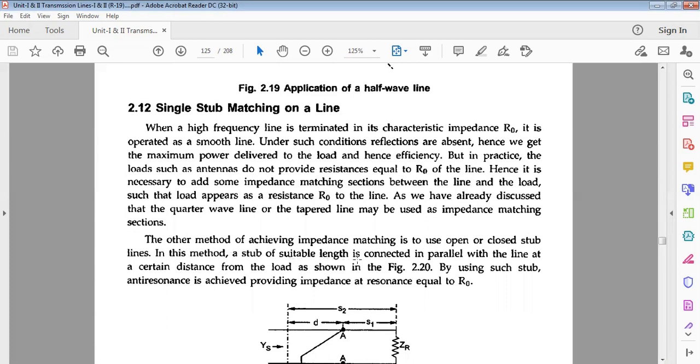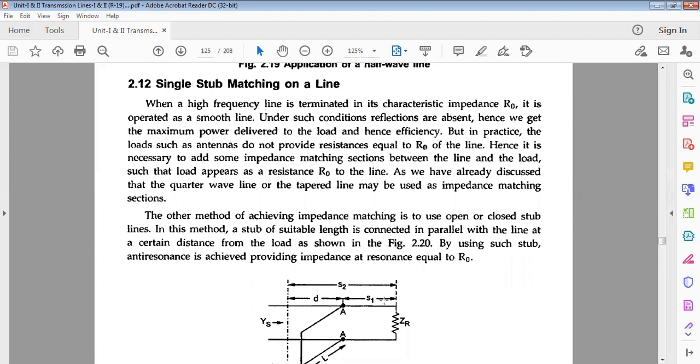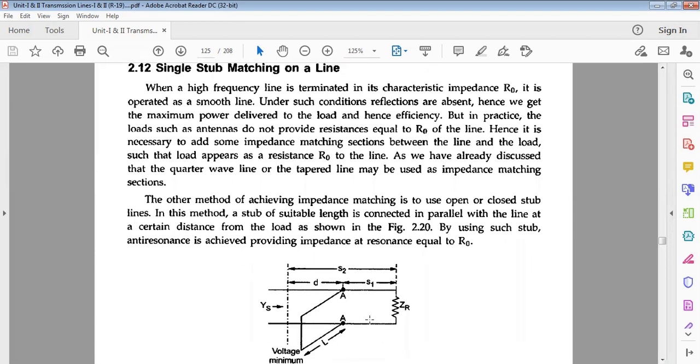In this method, a stub of suitable length is connected in parallel with the line at a certain distance from the load. You see here is a transmission line. From the load, you can assume a certain distance S1, and totally the length is S2. The stub line is kept at a particular distance from the load, that is S1 here.